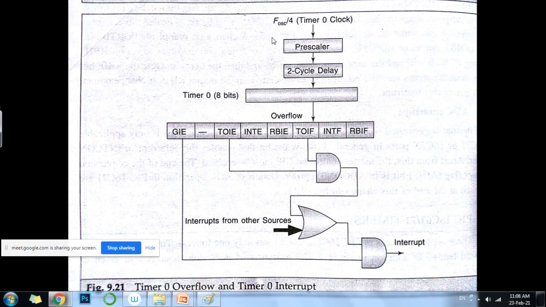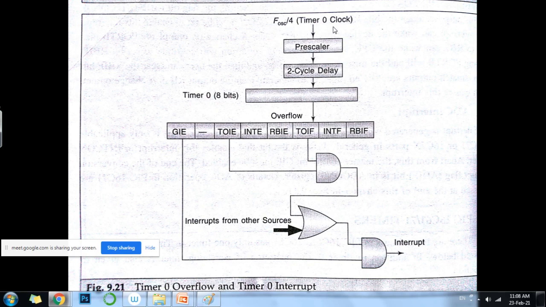It is internally divided by 4, because in the case of the PIC microcontroller, every machine cycle is made up of 4 clock cycles, and therefore the count increments after every machine cycle, that means after every 4 clock cycles.